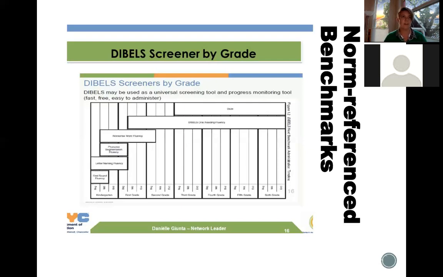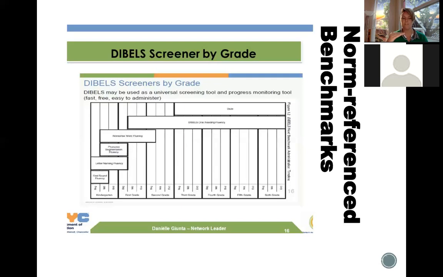And so they found that, oh, if students were scoring above, and I'm not going to remember this exactly right, but more or less above 40 letter names per minute at the end of kindergarten, then they were more likely to progress to that next benchmark on nonsense word fluency and be decoding words and be at grade level in first grade.